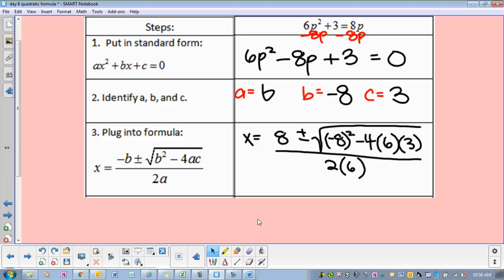Okay. Now, in the next part, it says simplify your B squared minus 4AC.